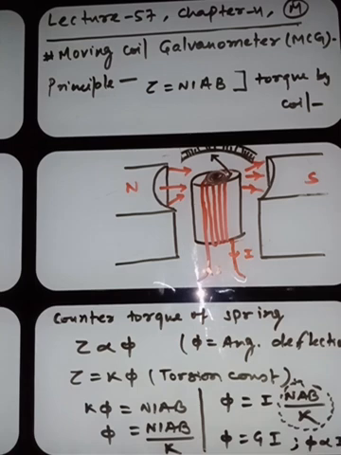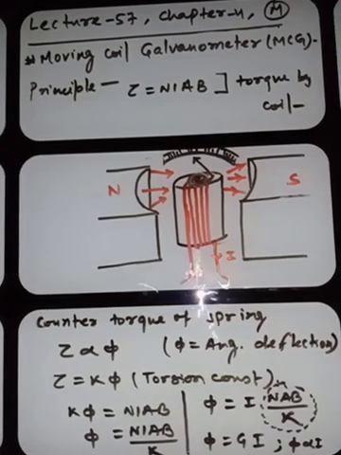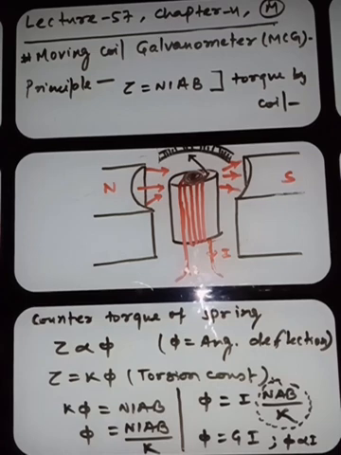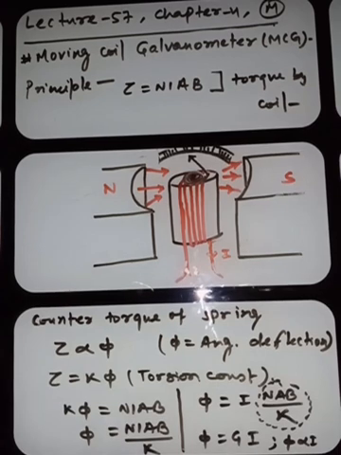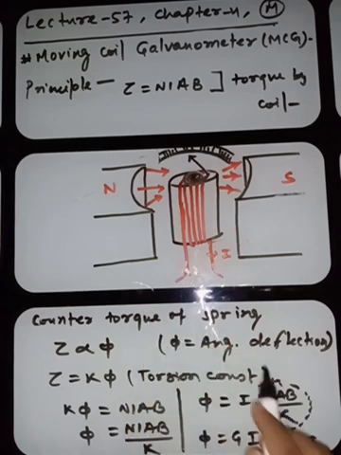Now you can see, my dear student, phi is directly proportional to I. It means as you increase the current, the deflection will increase, where phi is the angular deflection.